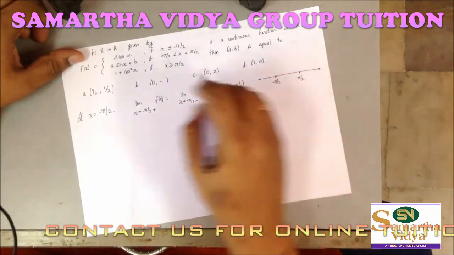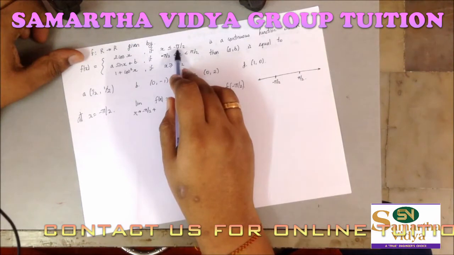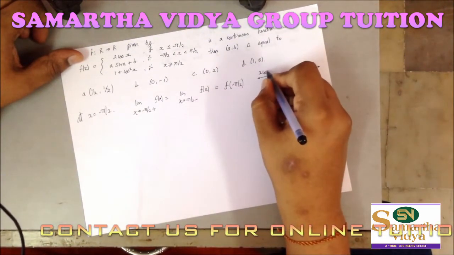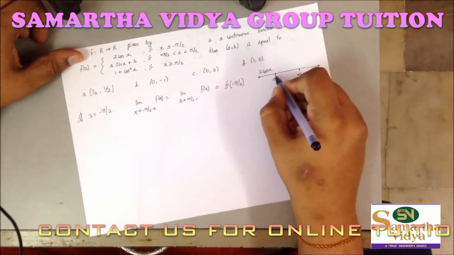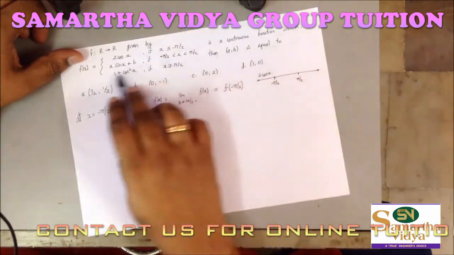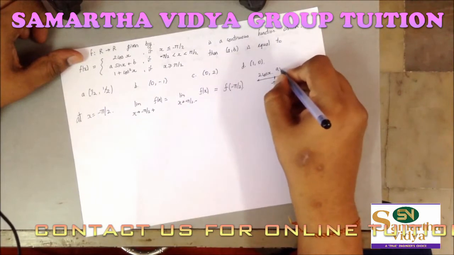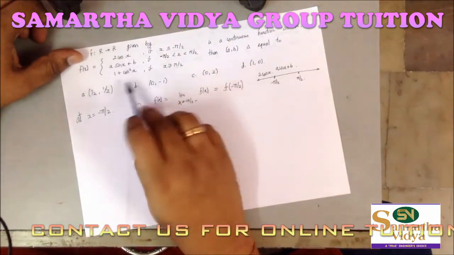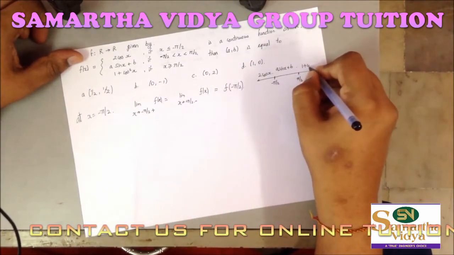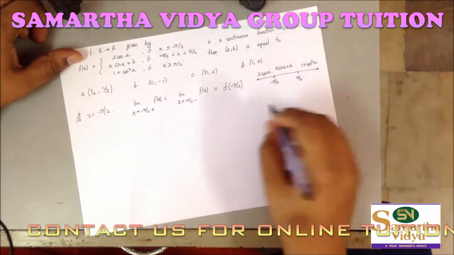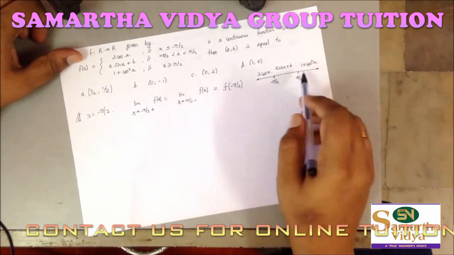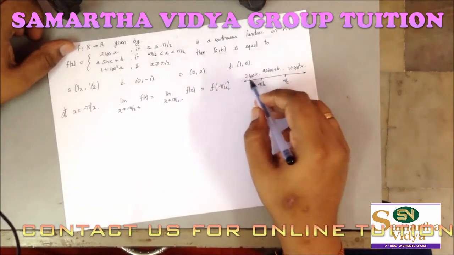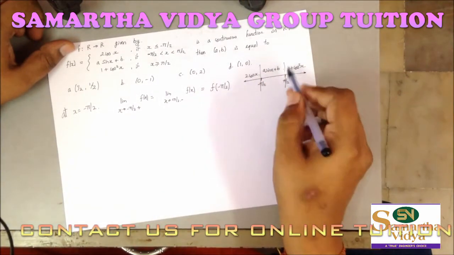For x less than or equal to minus pi by 2, in this region, the function is defined as 2 cos x. Between minus pi by 2 and pi by 2, the function is defined as a sin x plus b. And for x greater than pi by 2, it is defined as 1 plus cos square x. This is not a graphical representation, we have just represented it in the form of an equation.